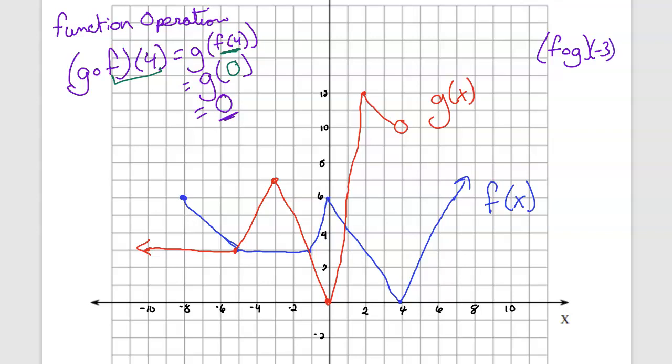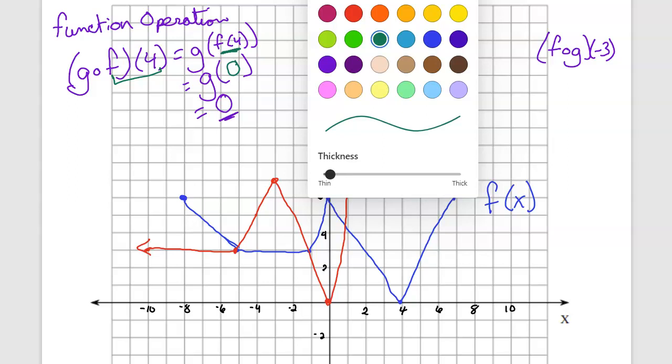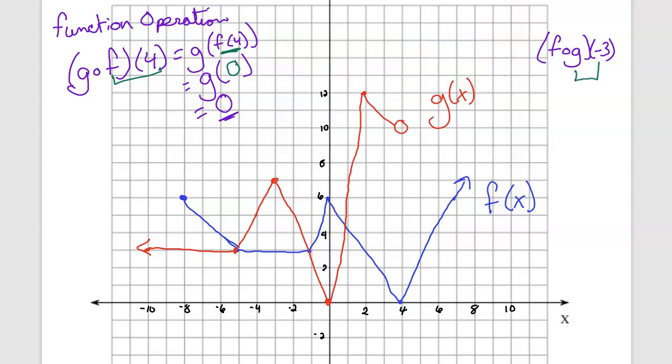So I'm going to first find g at -3, because I'm always going to do the interior one first. So g at -3, I'm going to come over to -3, and I'm going to find where it touches g, and that is at 7.